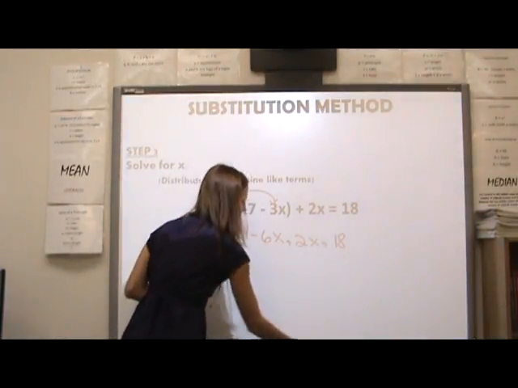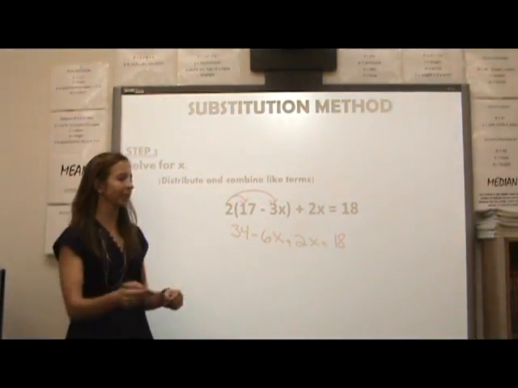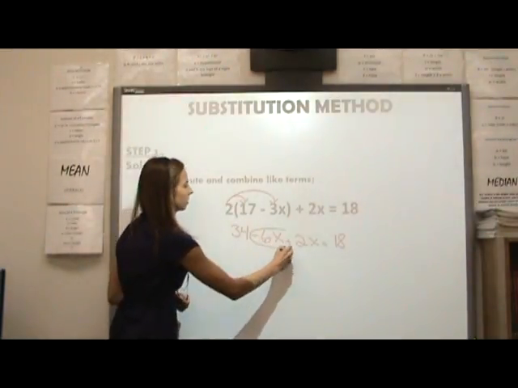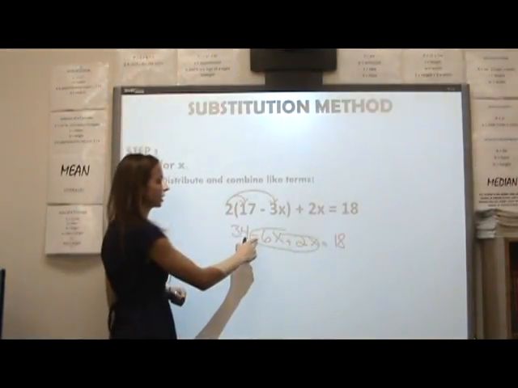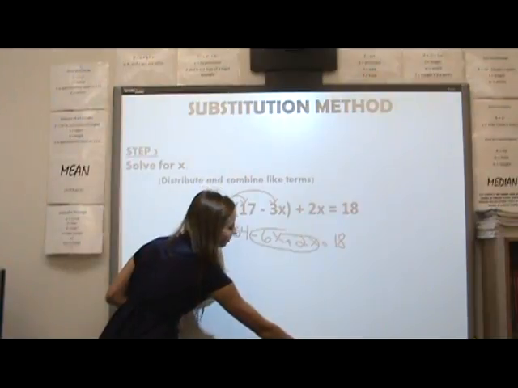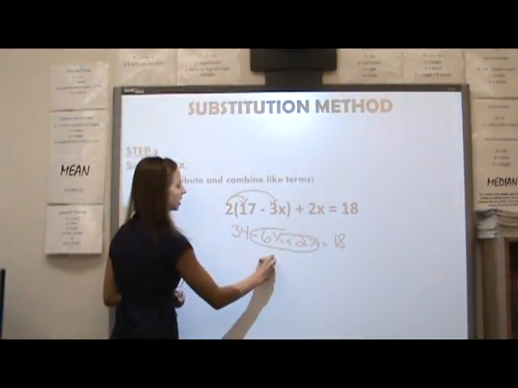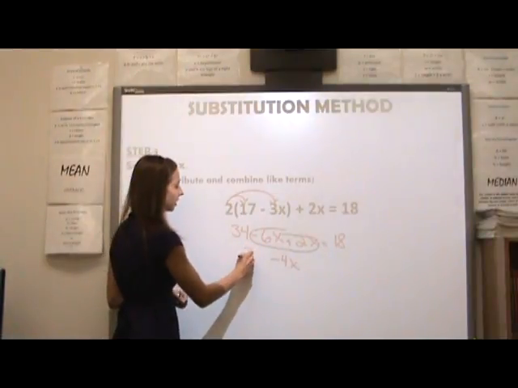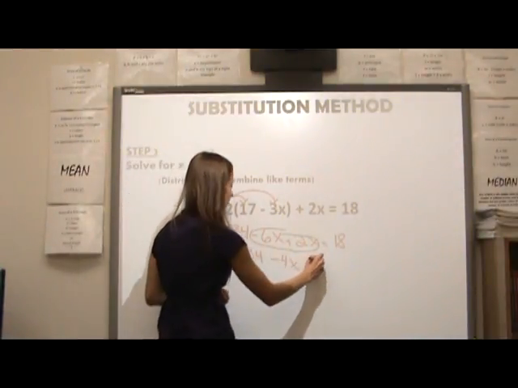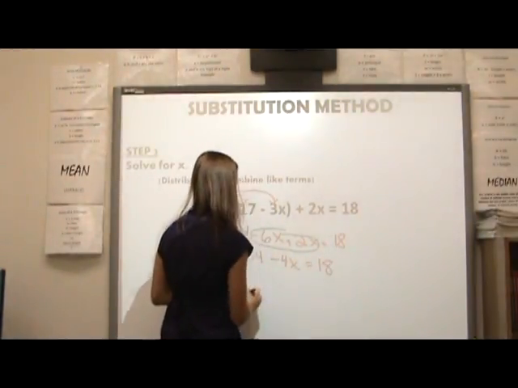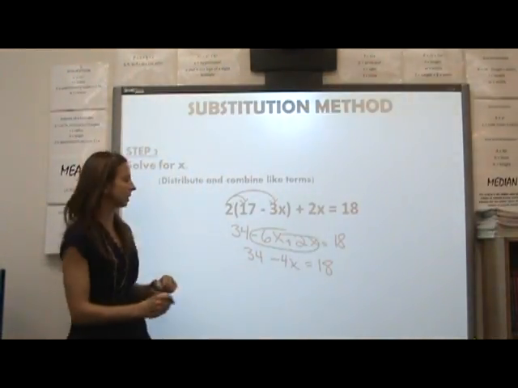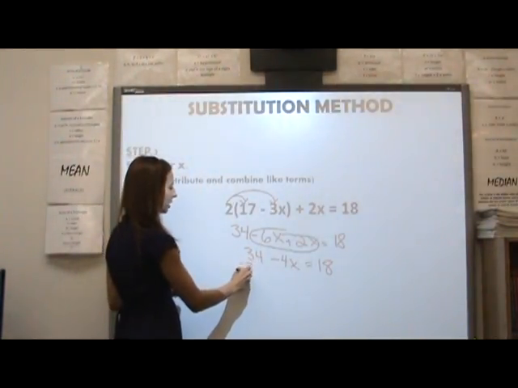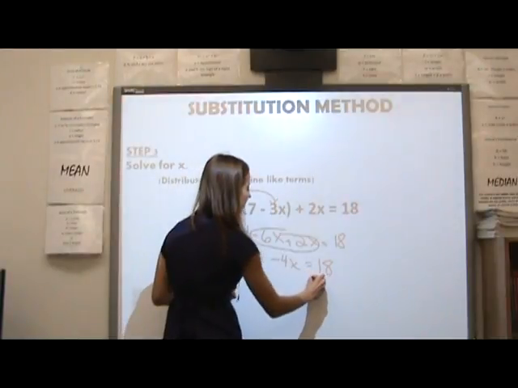The next thing we want to do is combine our like terms. A negative 6x plus a positive 2x is going to give us a negative 4x. And we're going to, again, drop everything else down. The next piece is we are going to subtract 34 on both sides.